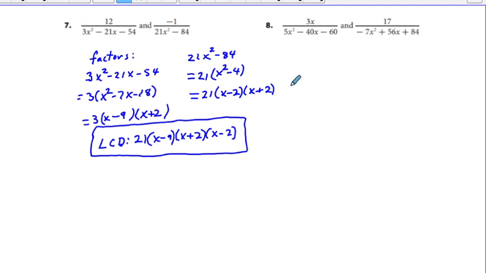Okay, so we're going to have this 5x squared minus 40x minus 60, and that's going to be equal to, put our common factor 5, times x squared minus 8x, and 60 divided by 5 is 12.